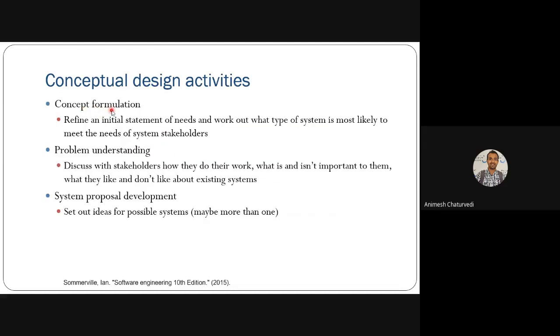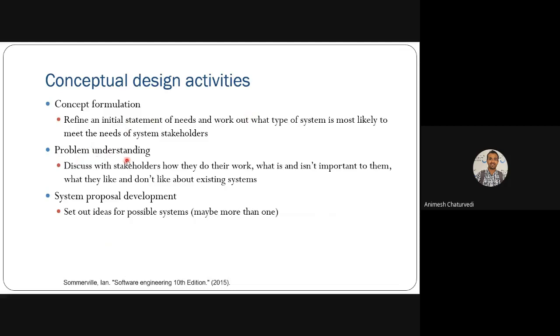Concept formulation basically helps you do the refinement and initialization of the statement. These statements help you decide what type of system you are most likely to meet, which needs the system stakeholders. So all these requirements and needs are modeled under this concept formulation, and statements are needed for doing this.